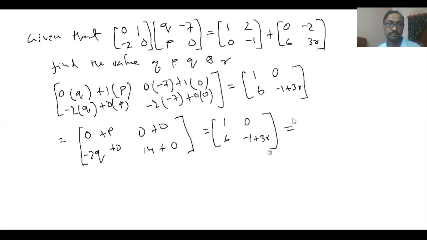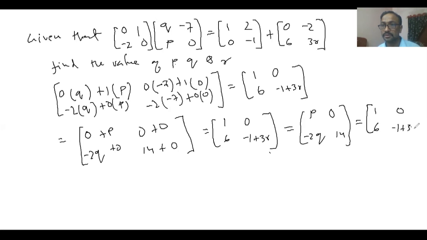Right, now let me simplify it. So it will be p, 0, minus 2q and 14 is equal to 1, 0, 6, minus 1 plus 3r.